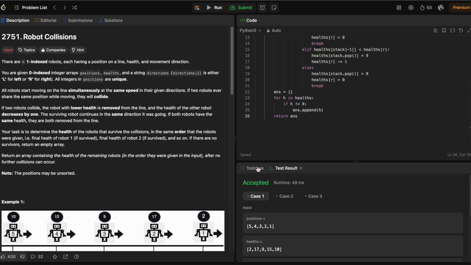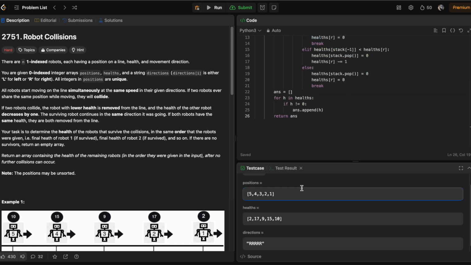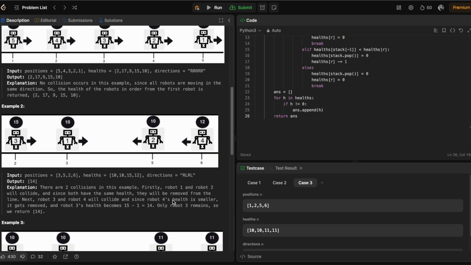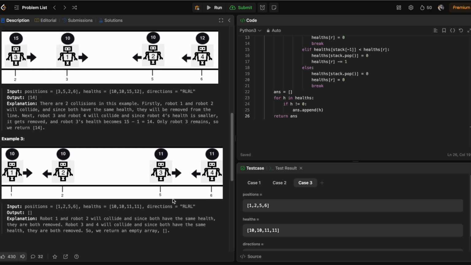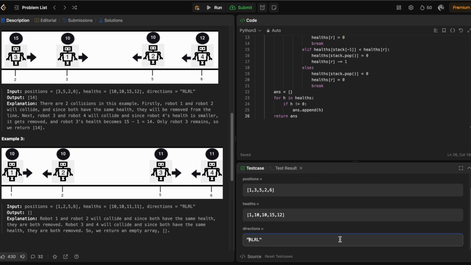I guess we can test some edge cases. So let's say for example, let's do a copy of case 2. We add something in position 1 with the health of 1 and it's going left.